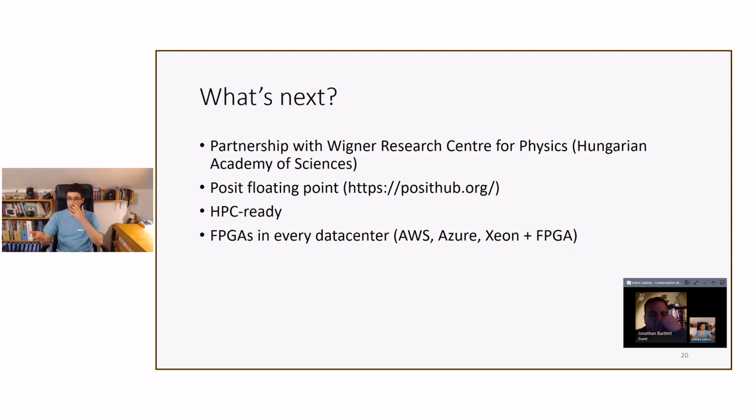As we have talked about, Amazon Cloud already has FPGAs, Azure already has FPGAs. One thing we haven't talked about is Intel, because probably you have heard that Intel is also an FPGA manufacturer, because as of 2 years ago they acquired the then second largest FPGA manufacturer called Altera.